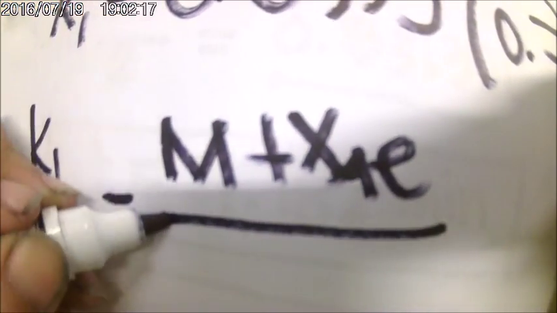And then k1 over k2 equals (M plus XAE) over (1 minus XAE). We substitute the values.